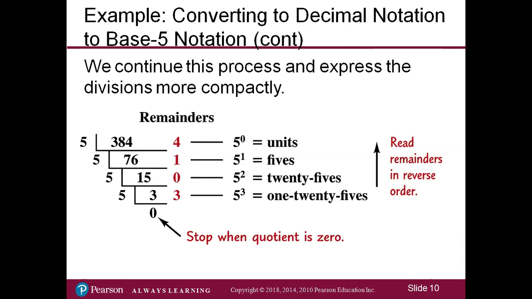You read the remainders in reverse, so 3014 base 5 is our number. So 384 as a numeral in base 5 is 3014, with a little subscript base 5.